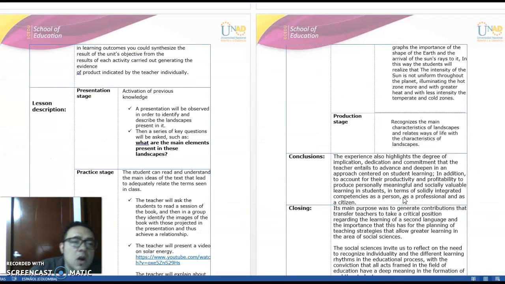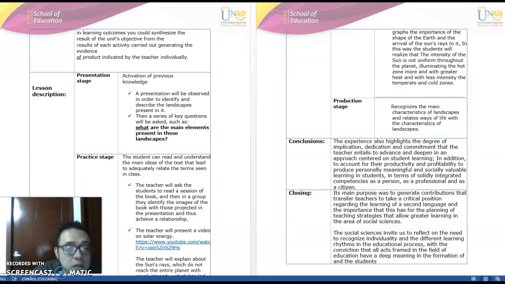In learning outcomes, you could synthesize the results of the unit's objective from the result of each activity carried out, generating the evidence of product indicated by the individual teacher.